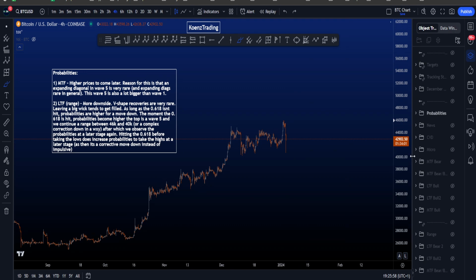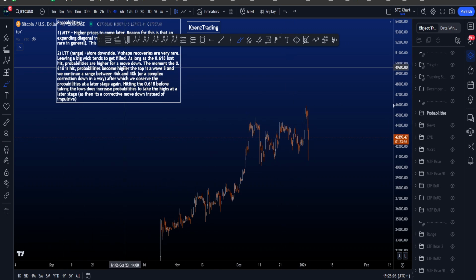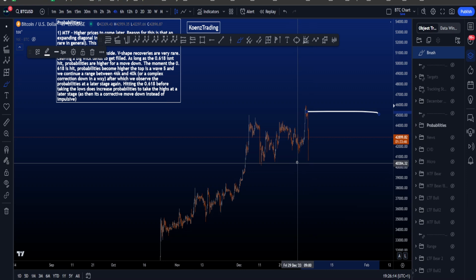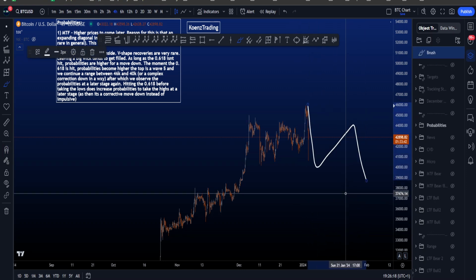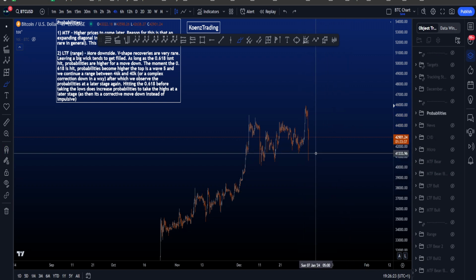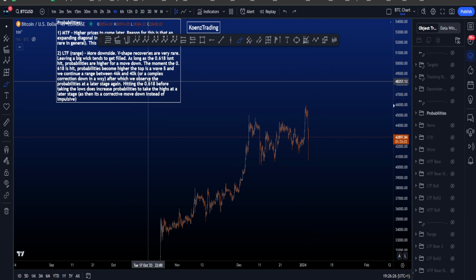As long as the 0.618 locally over here is not hit, right, the probabilities are higher for a move to the downside. The moment the 0.618 is hit, the probabilities become higher that the top of a potential 5 over here is in, and we continue the range between 46 and 40k, or we get a more complex structure to the downside in a WXY, which is probably something I prefer to then also fill the wick over here, the inefficiency that we have to the downside, after which we observe the probabilities at a later stage again, right?